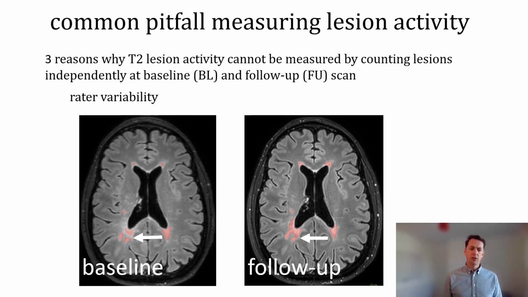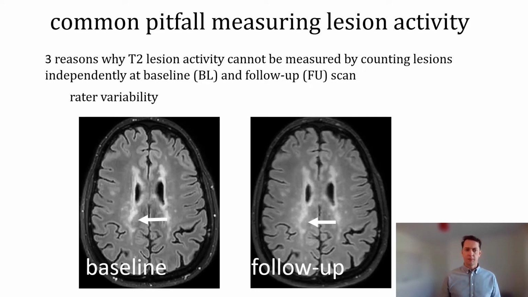Both ways of counting lesions are probably okay and correct. It just shows that there are cases with ambiguities and where different possibilities of counting lesions are possible. Here's another example where at baseline a confluent lesion was split into several small lesions, and at follow-up the same rater counted the same lesion as 1 bigger lesion.